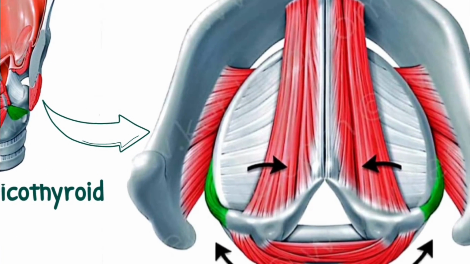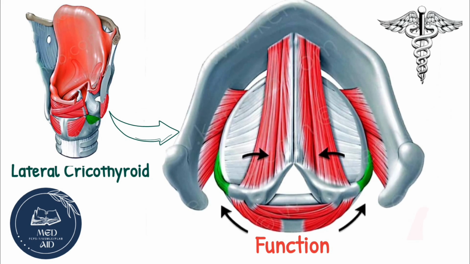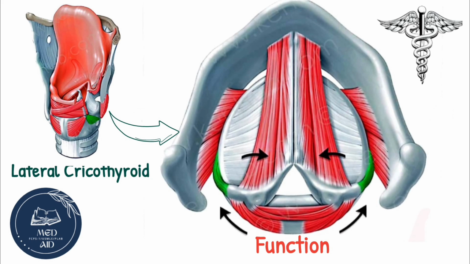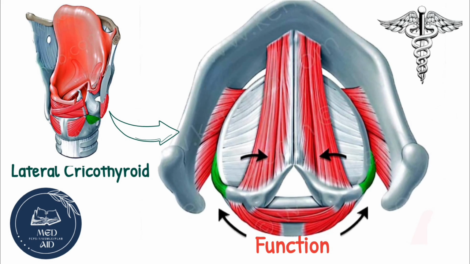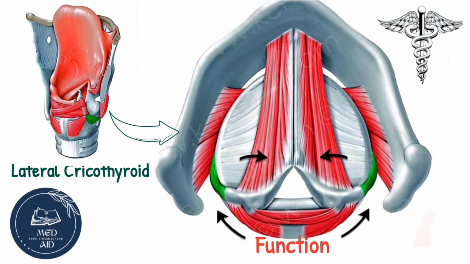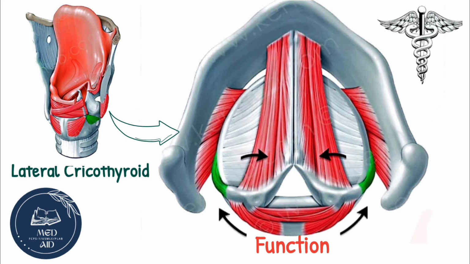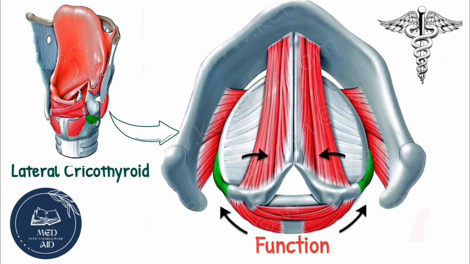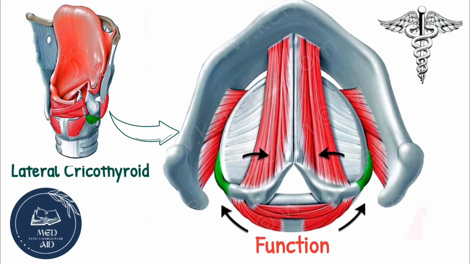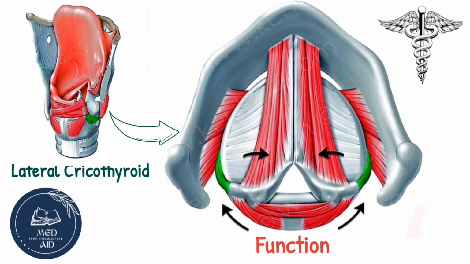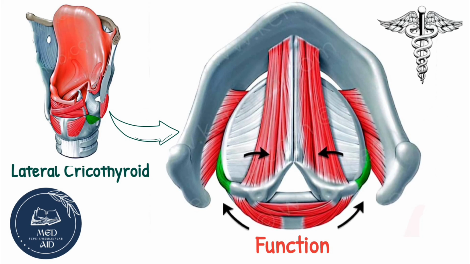When it is relaxed, the folds separate, decreasing resistance and producing a breathy voice. Hence, contraction of the lateral cricoarytenoid muscle increases tension on the vocal folds, leading to a high pitch of voice. Relaxation of the muscle reduces tension, resulting in a low pitch. However, pitch modulation typically involves the coordination of multiple muscles in the larynx and respiratory system.